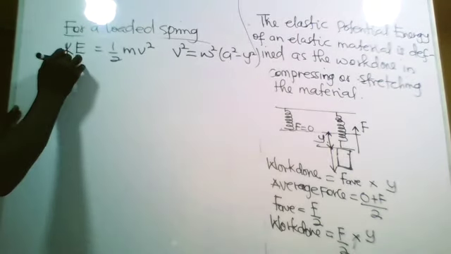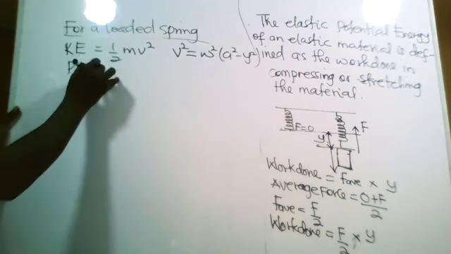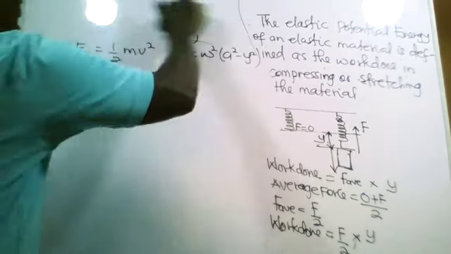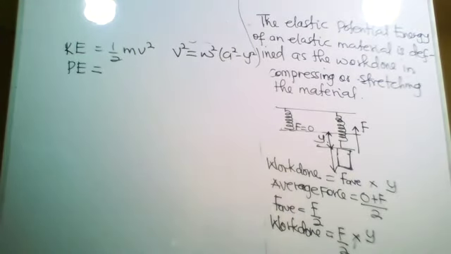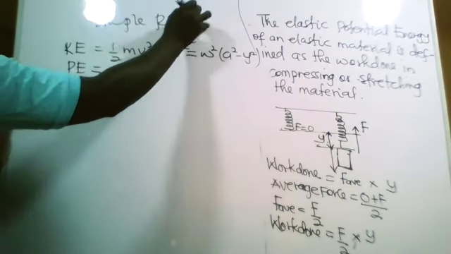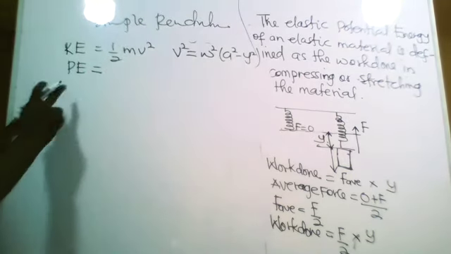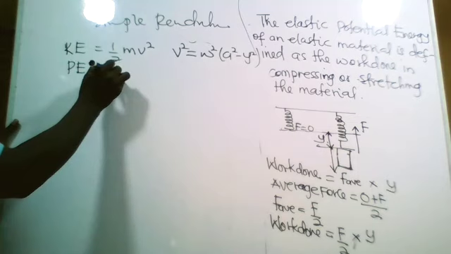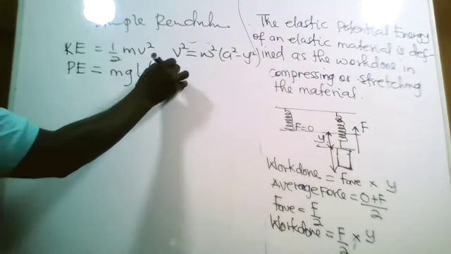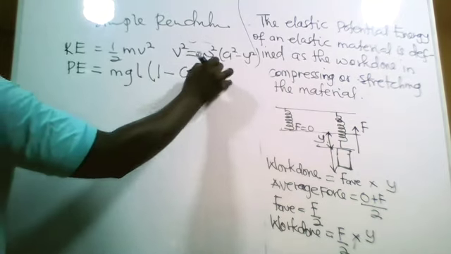Then its gravitational potential energy is given by mgl(1 minus cos theta).